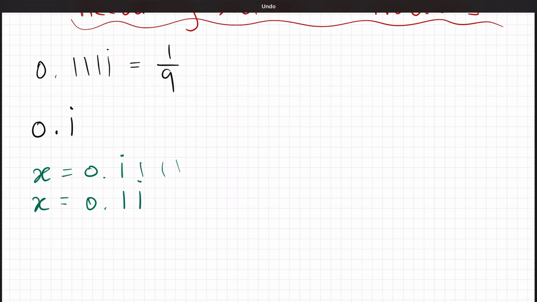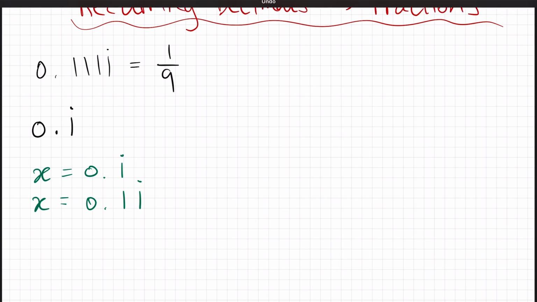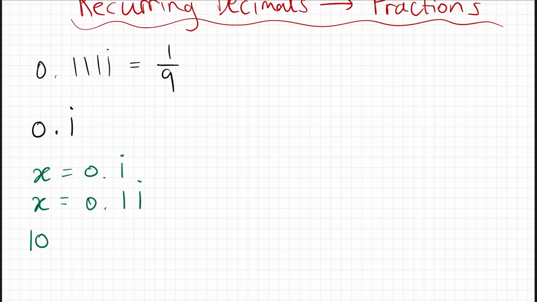What we want to do is line up these recurrent symbols so that they can get cancelled out. So notice what happens when we multiply by 10. When we multiply this one by 10, we get 10x equal to 1.1 recurrent.